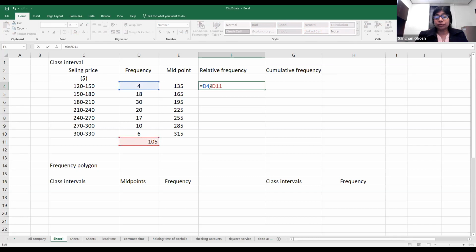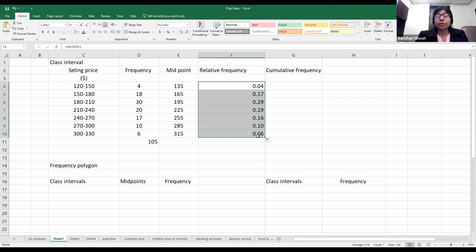If you want to do it most effectively in Excel, please put a $ sign in front of the letter and in front of the number for sure, or you can use the F4 function. And if you just click or drag, it will give you the relative frequency. You don't have to go tediously using your calculator. Use Excel function. The only trick is put the $ symbol.